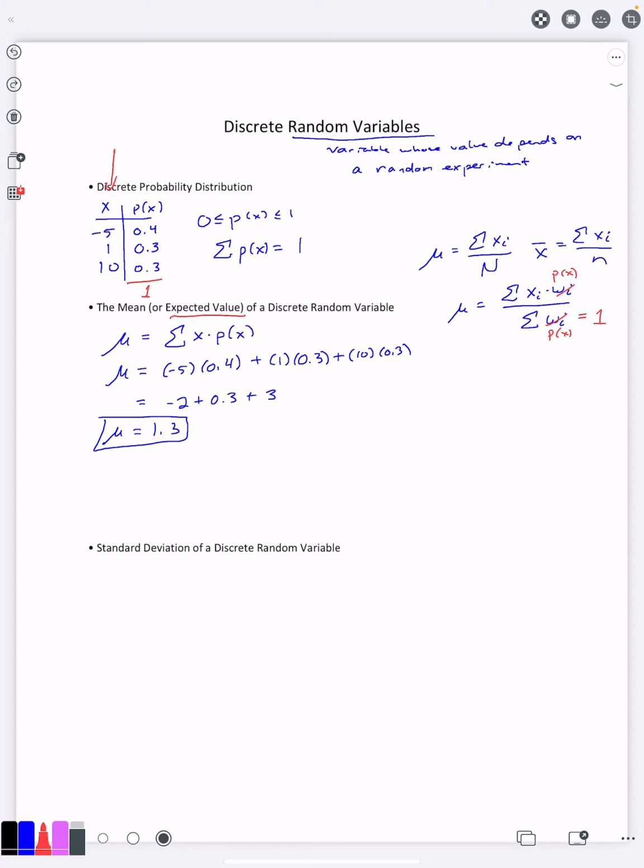That's 10 times 1.3. If you played it 100 times, you'd expect to be up about $130, which is 100 times 1.3. If you played this game 1,000 times, you'd expect to be up about $1,300. And that means, again, 1.3 times 1,000.